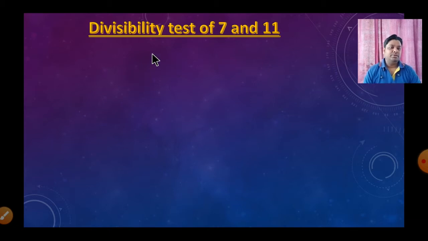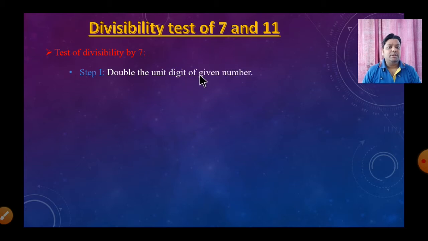Okay, students, so let's see the test of divisibility by 7. The test of divisibility by 7 is a bit difficult, so we have to read the steps first on how to check. In step 1, double the unit digit of the given number. If any number is given, we have to double the unit digit.